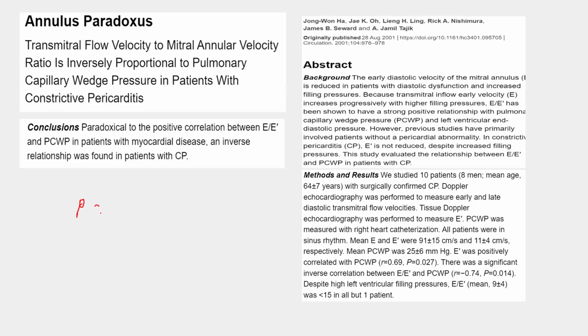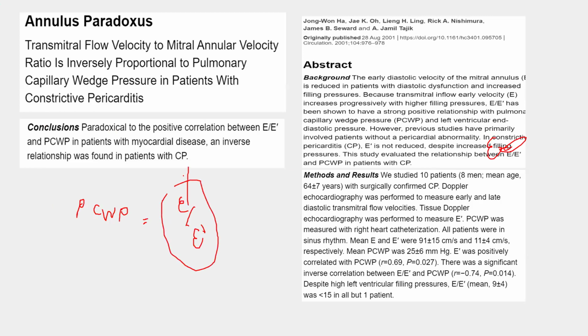طيب ياسين بس أذكرك حاجة. الpulmonary capillary wedge pressure is reflected in echo by which sign? E over E prime ratio. مذكرين ديا E over E prime.